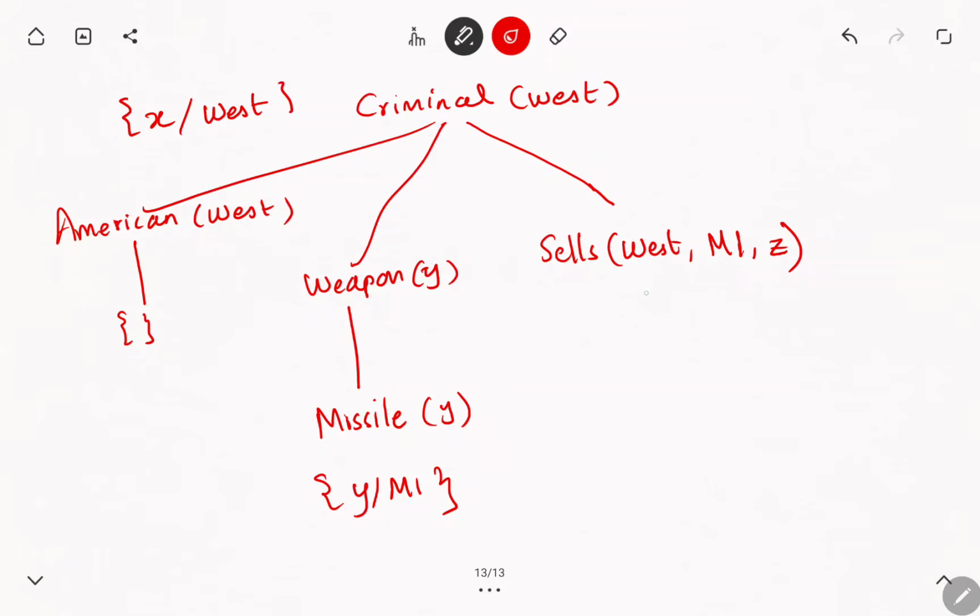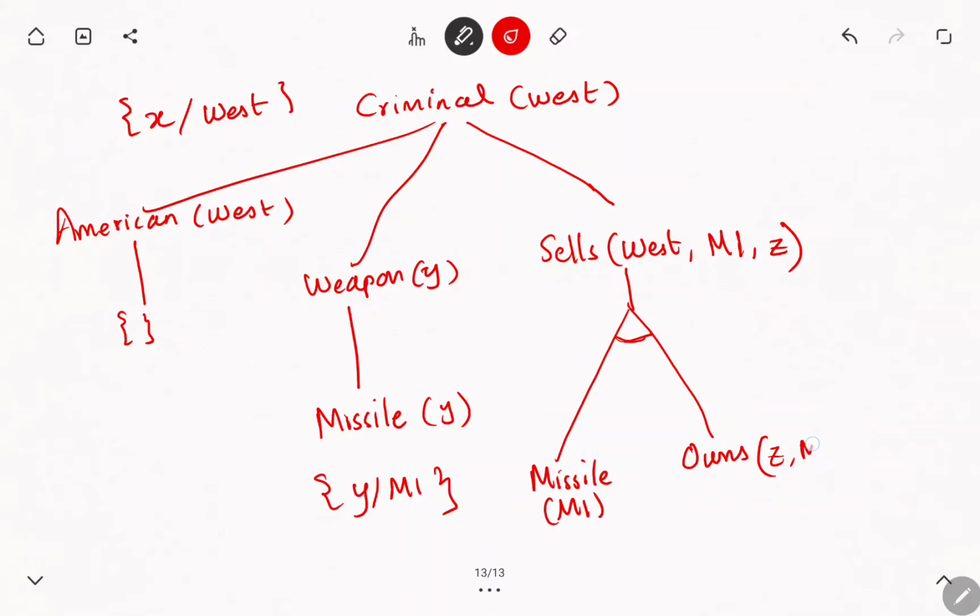Now the only rule over here, in order to prove this, is that both of these have to be true, which is a stylistic way it is drawn. So M1 has to be a missile, and this is already substituting Y as M1 as we have written, and owns Z comma M1.